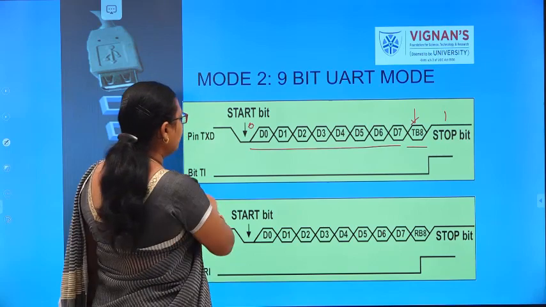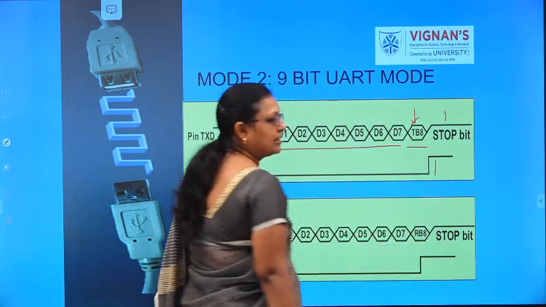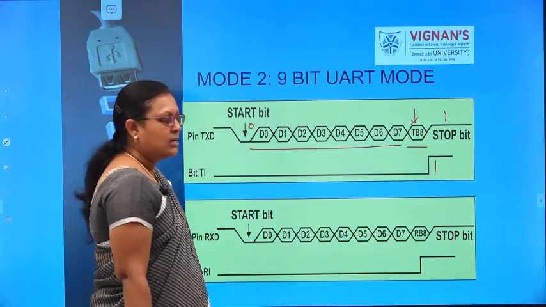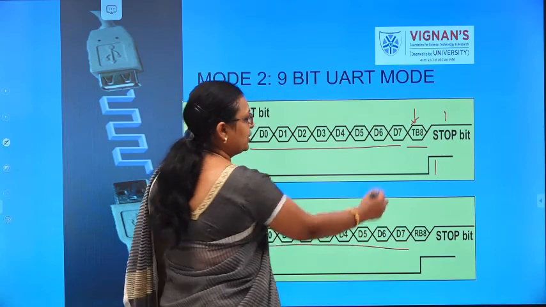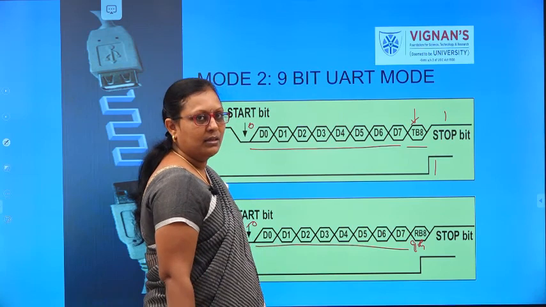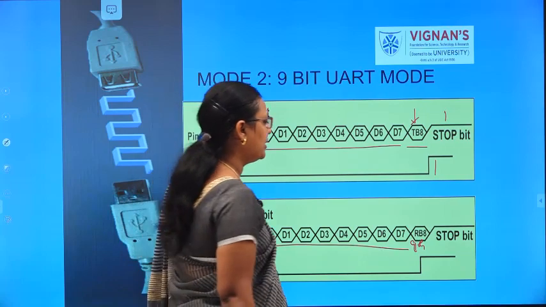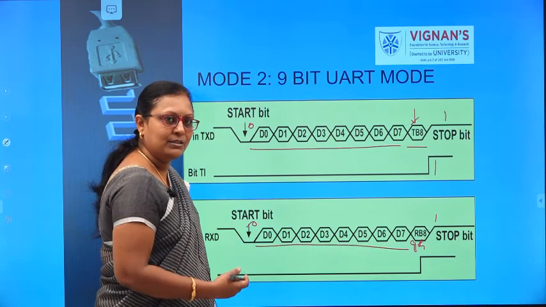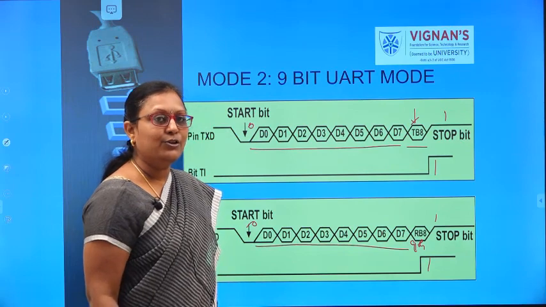After the transmission of all bits, the transmit interrupt flag is set to 1. Now we check the reception. The start bit has been received, the 8 bits of data have been received, and for the 9th bit the receive bit RB8 has also arrived. Then the stop bit has arrived. After all these steps, the proper reception completes, so the receive interrupt bit is set to 1.